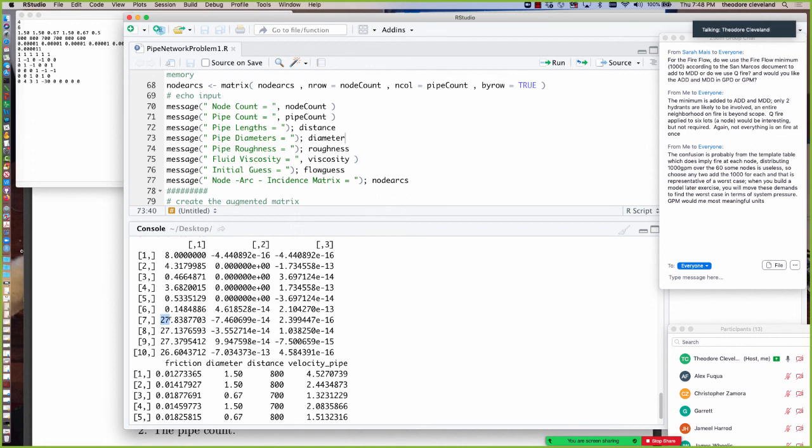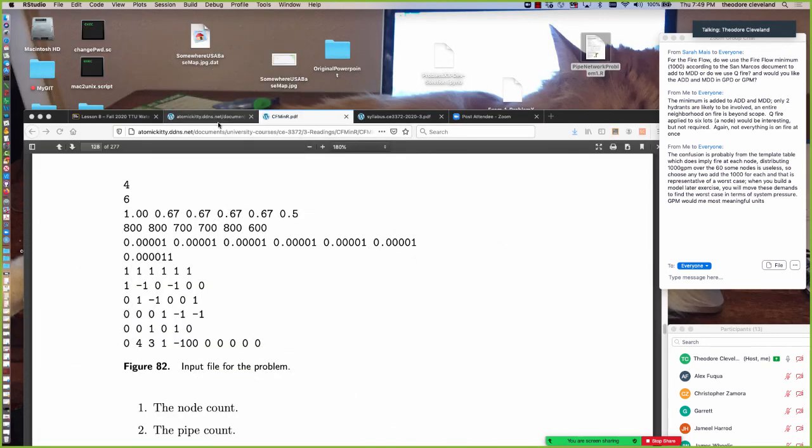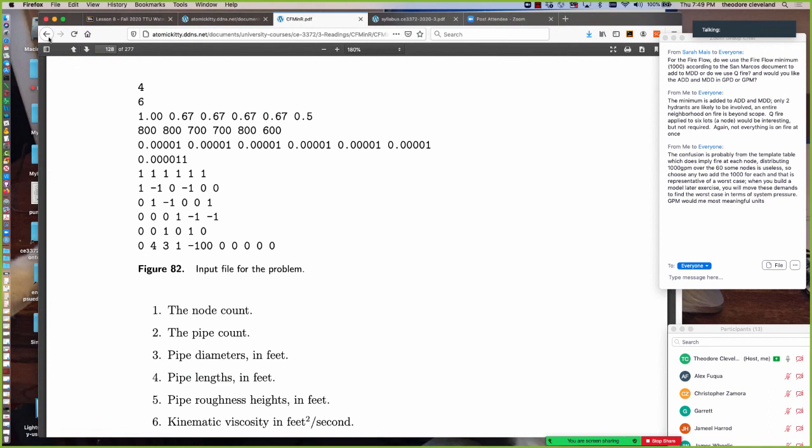There's not enough pressure there to meet a statutory requirement. So that's how we use these tools. So that was an example, and let's finish off the presentation.